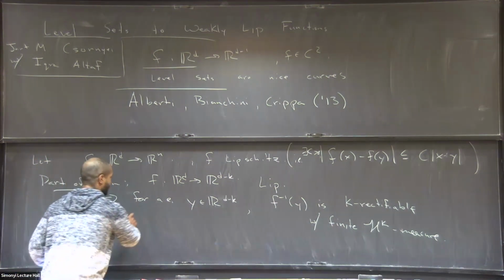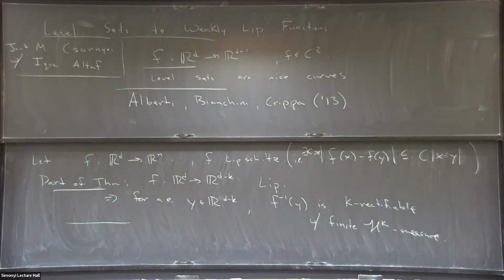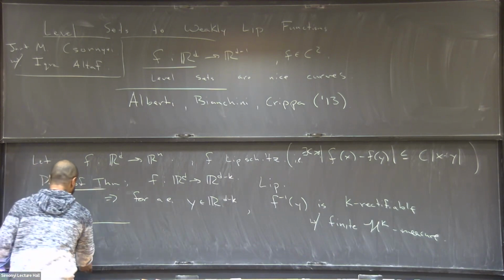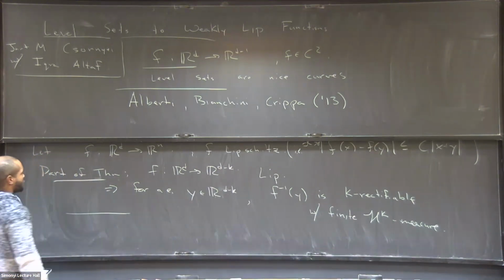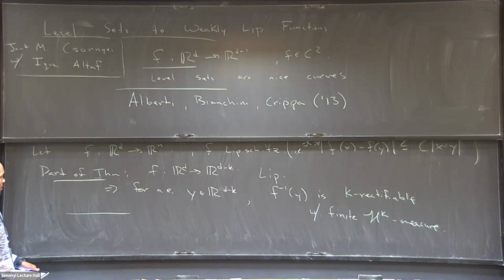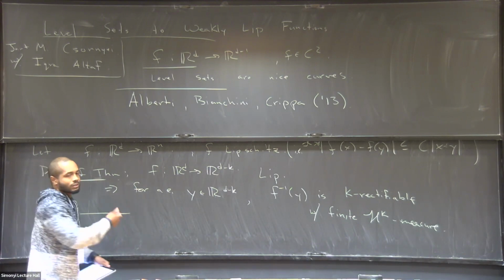The larger context of what they were dealing with was looking at maybe finer properties of level sets, in particular in the k=1 case. They would like to say that if you take k=1, then level sets almost everywhere, if they're connected, have to be parameterized by a Lipschitz curve. A closed Lipschitz curve, or it's a singleton.